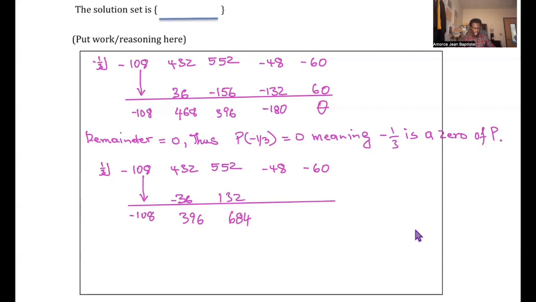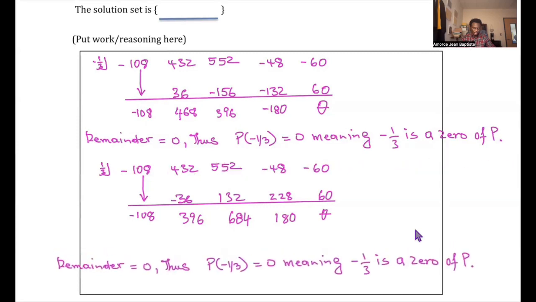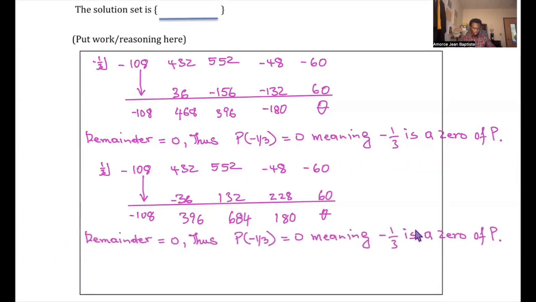That's 228 plus minus 48. That's 180 divided by 3, 60. And then that is also 0. So we have the same conclusion as we had for -1/3. So 1/3 is a 0 for the polynomial function.